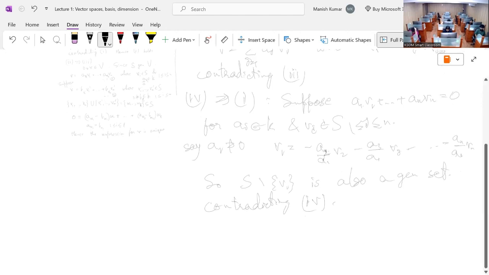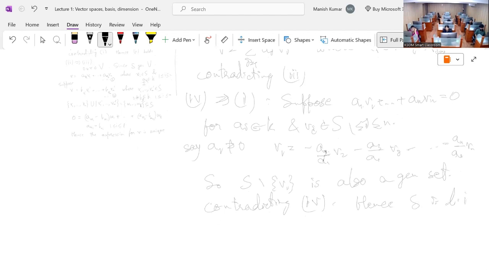So hence S is linearly independent. Okay. And now we want to say that it's a maximal linearly independent set, but that is obvious, right?